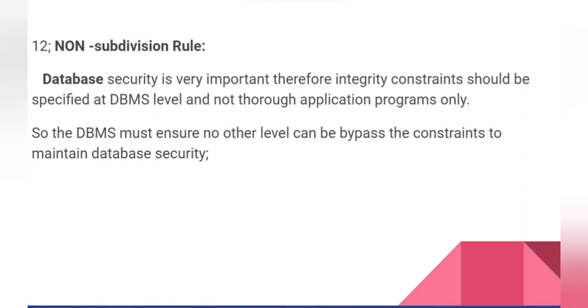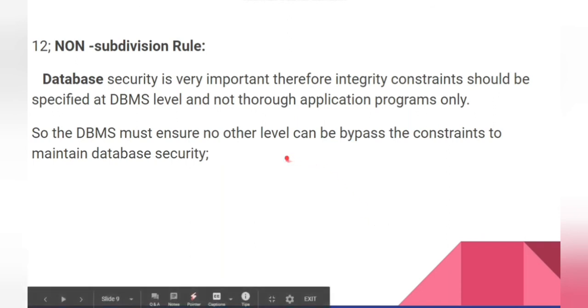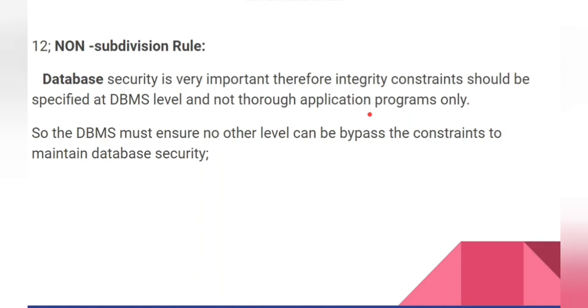So we have number 12, the last rule, the non-subversion rule. Database security is very important, therefore integrity constraints should be specified at the DBMS level. In the database management system, the integrity constraints, the security constraints, and the restrictions on the data must be specified through the DBMS level, not through the application program.